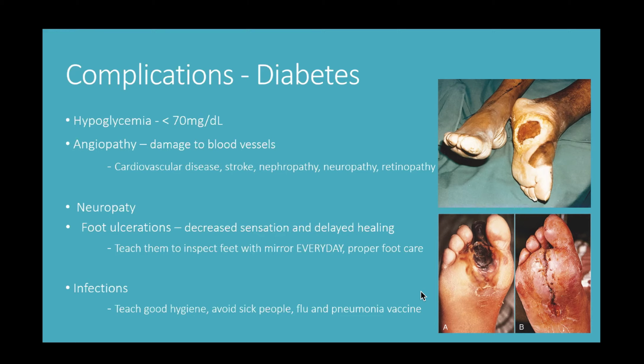So neuropathies, the biggest thing about neuropathies is we are concerned for their inability to feel, and these foot ulcerations are really a big concern for our patients that have diabetes. So we talk with them very specifically about always having protection for their feet, wearing shoes that are not open-toed, that are sturdy, except for when they're in bed.